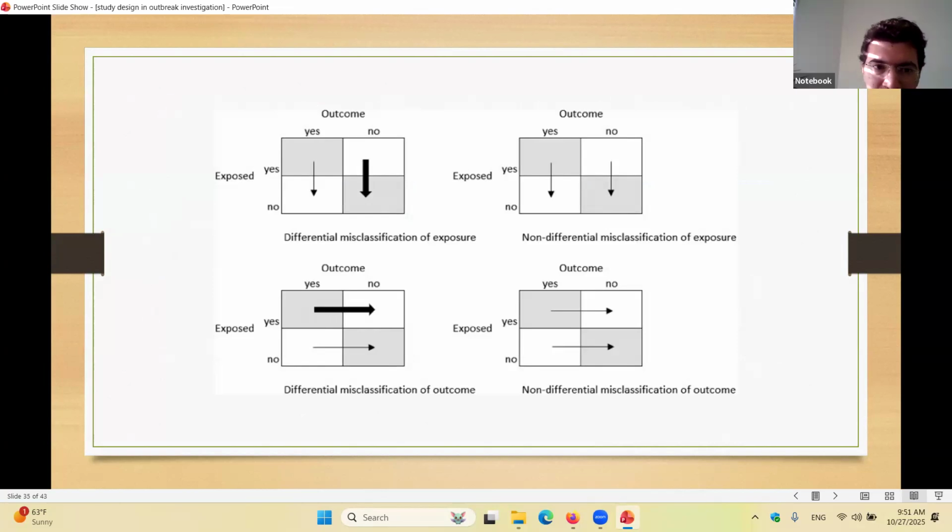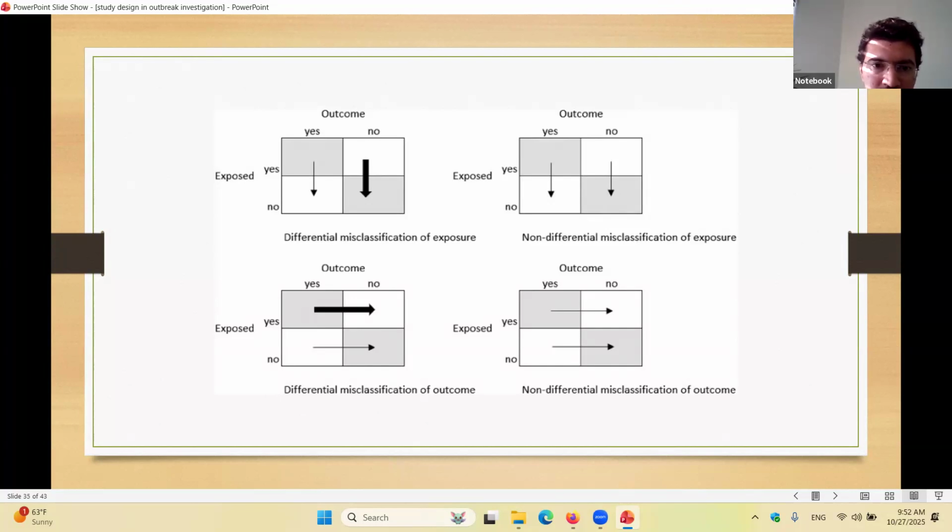This is a diagram showing misclassification. We have misclassification of exposure and misclassification of outcome, and each of them can be differential or non-differential. What is misclassification of exposure?